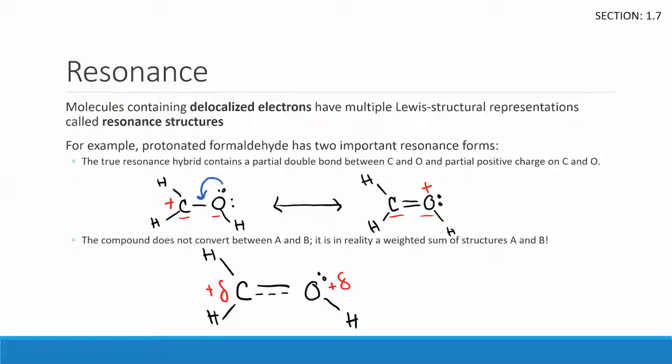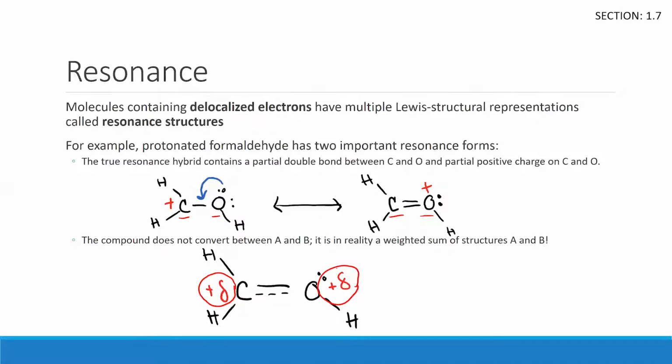So this compound doesn't really convert between A and B. In reality, it's a weighted sum of the two structures, mostly half and half A and B. So ultimately, it has a partial positive charge on carbon and a partial positive charge on oxygen.